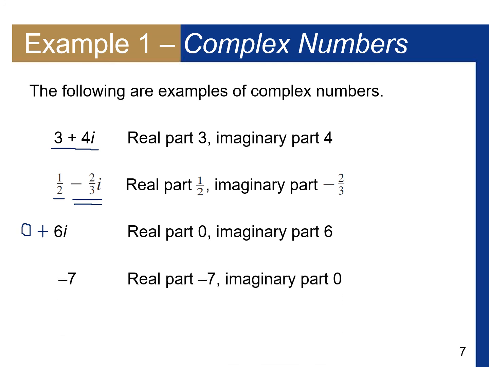And this is also considered a complex number. Now, we didn't say that before because you didn't know about imaginary numbers. And the reason 7 can still be considered a complex number is we could have 7 plus 0i.